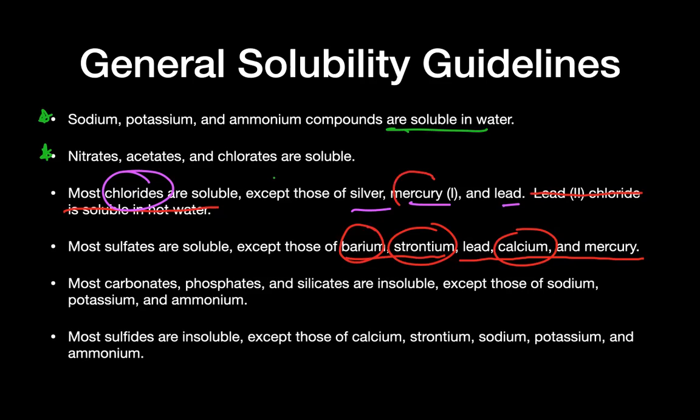And notice that we also have lead and mercury again. So another thing you could do is say, if it's lead and mercury, it's insoluble unless it's with these 3. So then you would only really have to remember, again, rule number 2, that nitrates, acetates, chlorates, all soluble.